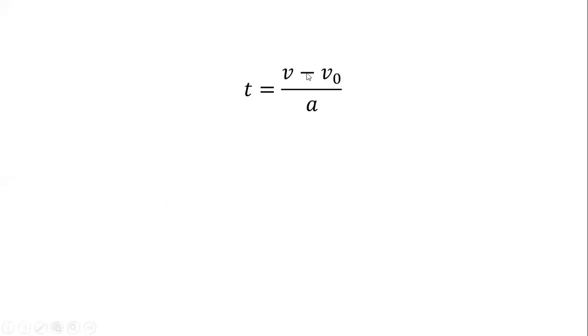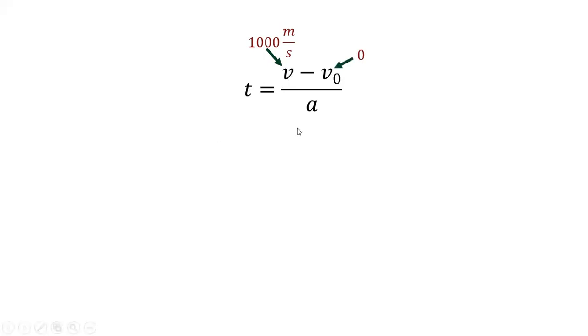What are the values of v minus v naught over a? We already know that. What is V, or final velocity? V is 1000 meters per second. How about V naught? You already know that. It's actually 0.